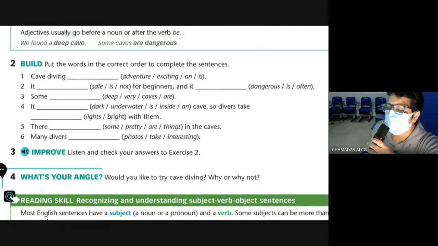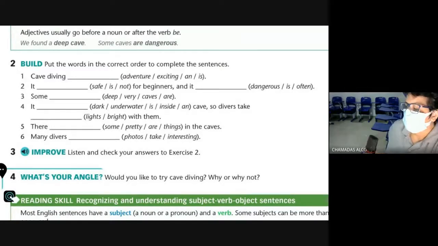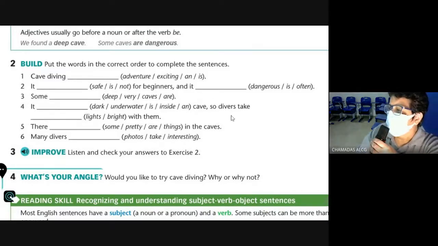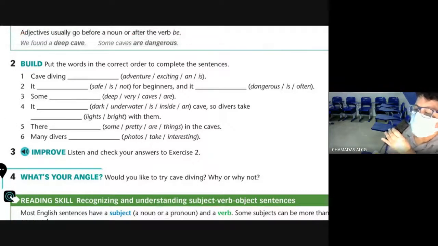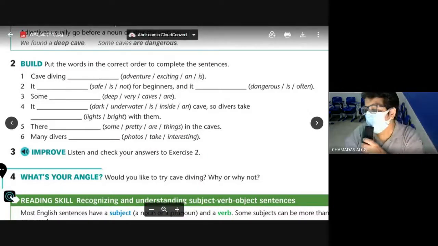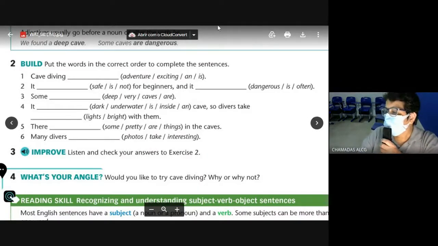So, divers take bright lights. All right, people. Okay? All right, Claudinha.